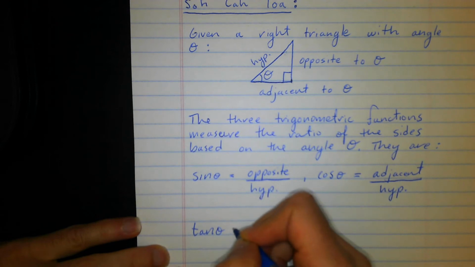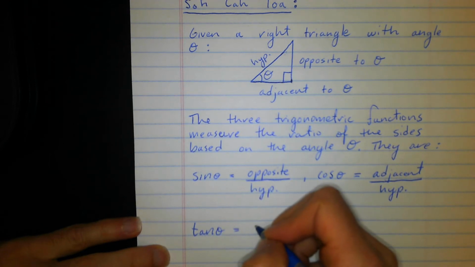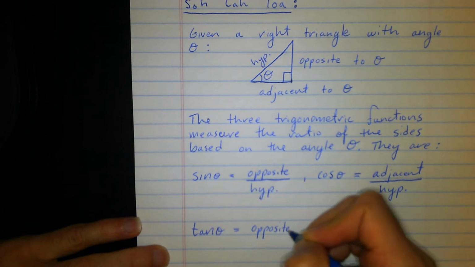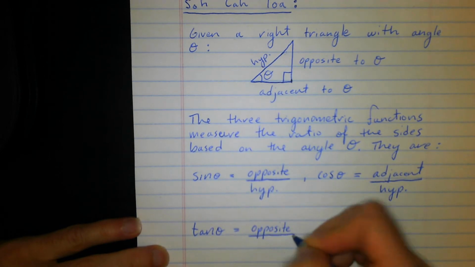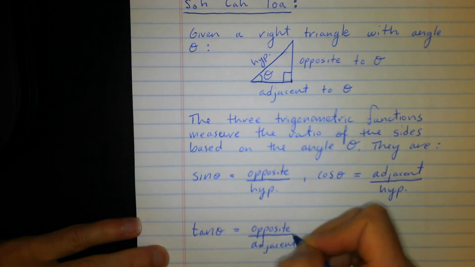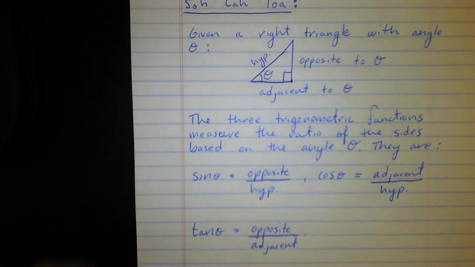Tangent of theta, or tan of theta, equals opposite over adjacent. Okay? All right, so let's just practice using these to make sure it works, and then we'll look at solving questions using these.